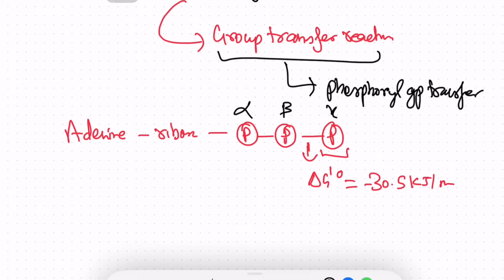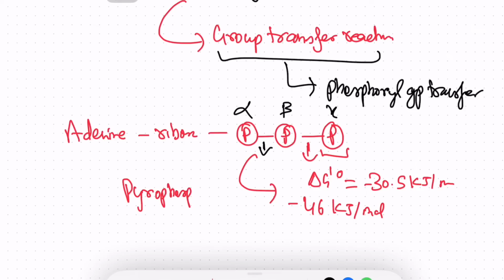In the same way, not hydrolyzed but transferred: when this pyrophosphoryl group is being transferred, we are going to see the release of minus 46 kilojoule per mole. So when that happens, it is pyrophosphoryl group transfer.